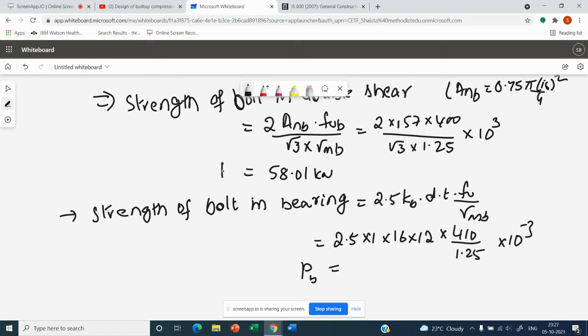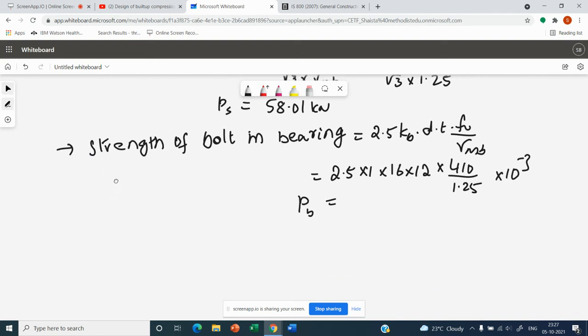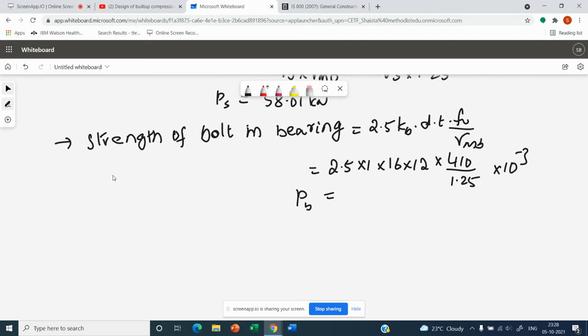You get the strength of bolt in bearing. This was strength of bolt in shear. Okay, so this is coming out to be 157.44. This kb value is 1. We have just taken it from our previous calculations. Okay, so out of these two, whichever is least, that is the strength of bolt.